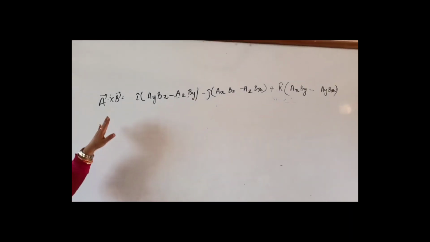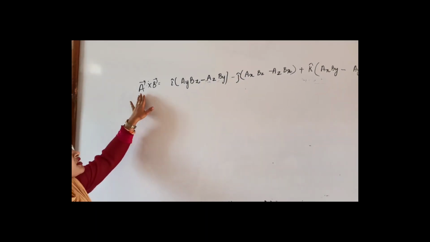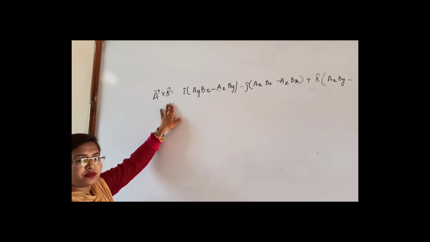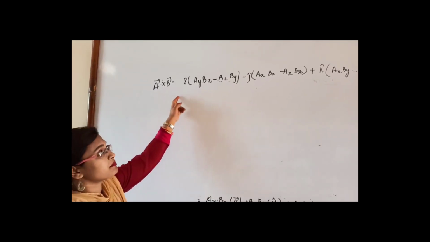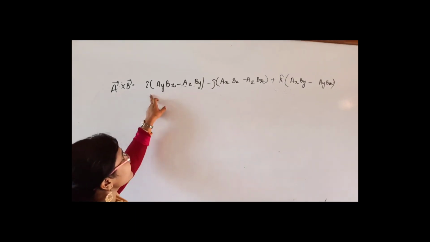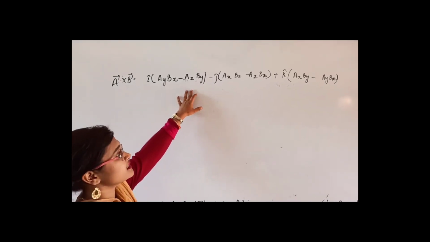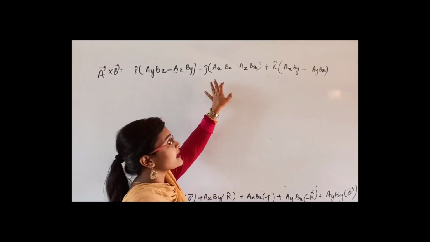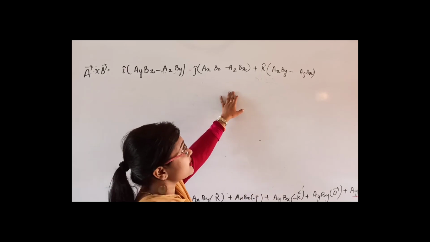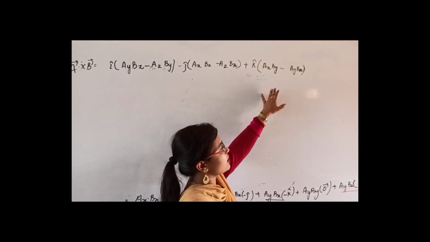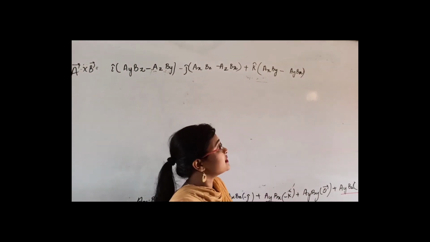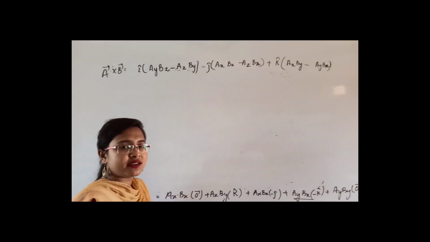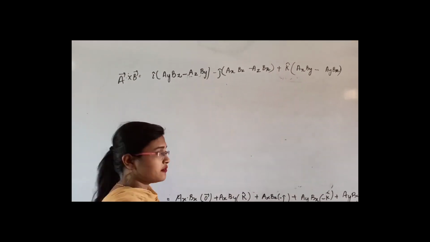So we see that the vector product of two vectors a cross b in terms of rectangular components can be precisely written as i cap (ay bz minus az by) minus j cap (ax bz minus az bx) plus k cap (ax by minus ay bx). More precisely, we can write it in terms of determinant form.